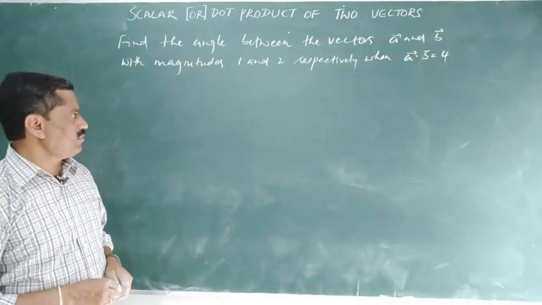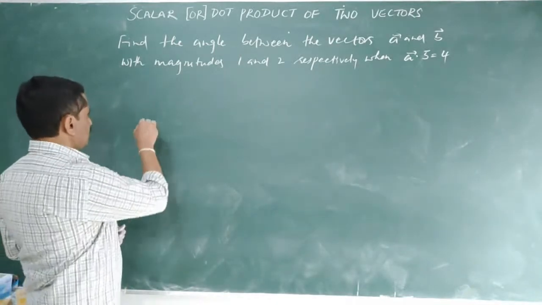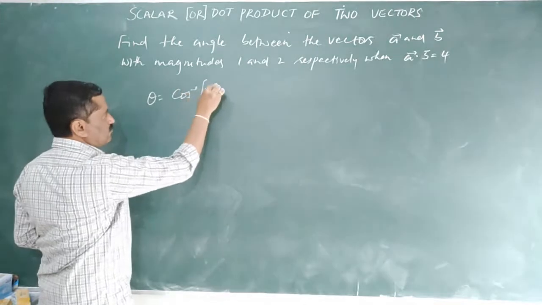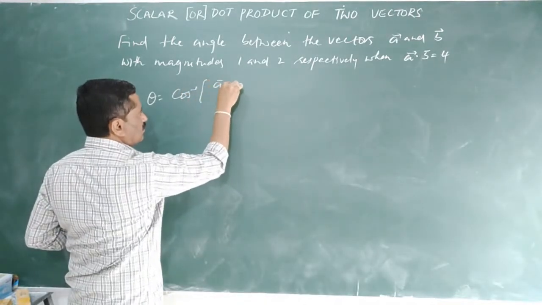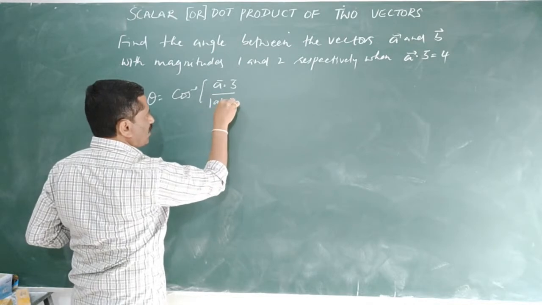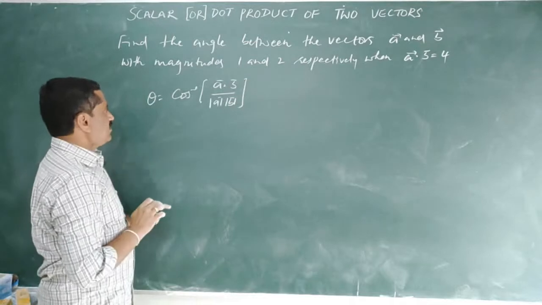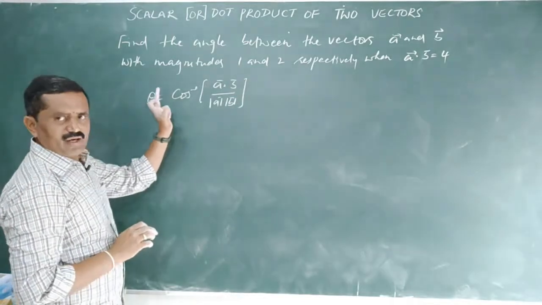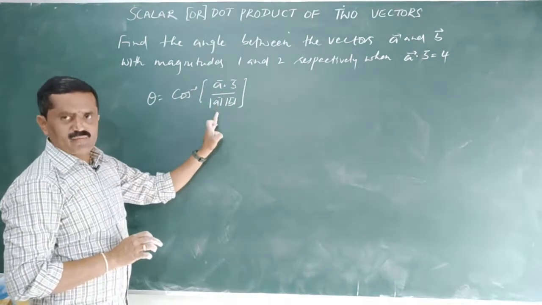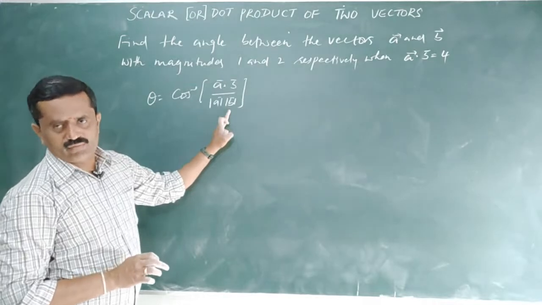We have a formula to find the angle between a bar and b bar, that is theta is equal to cos inverse of a bar dot b bar divided by magnitude of a bar into magnitude of b bar. So theta, the angle between two vectors a bar and b bar, is given as cos inverse of a bar dot b bar divided by magnitude of a bar into magnitude of b bar.